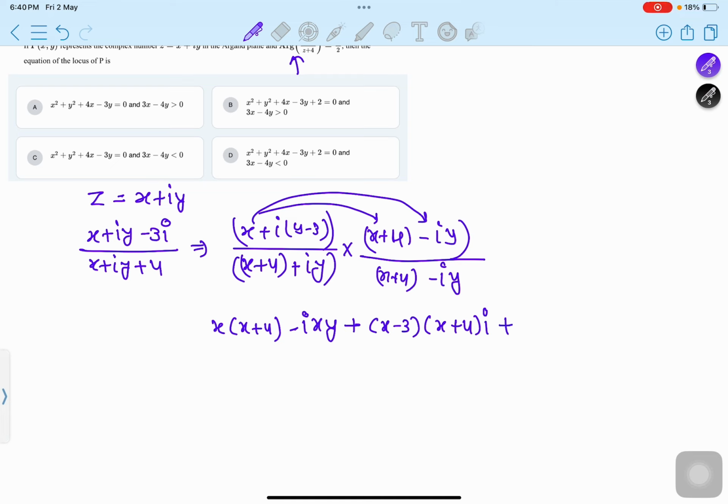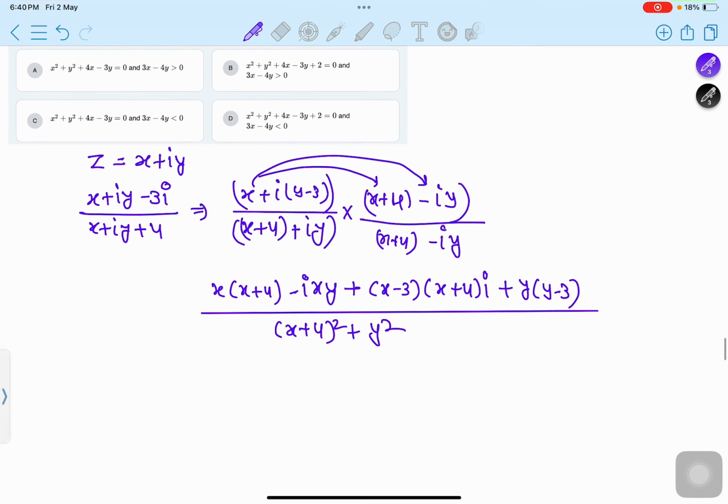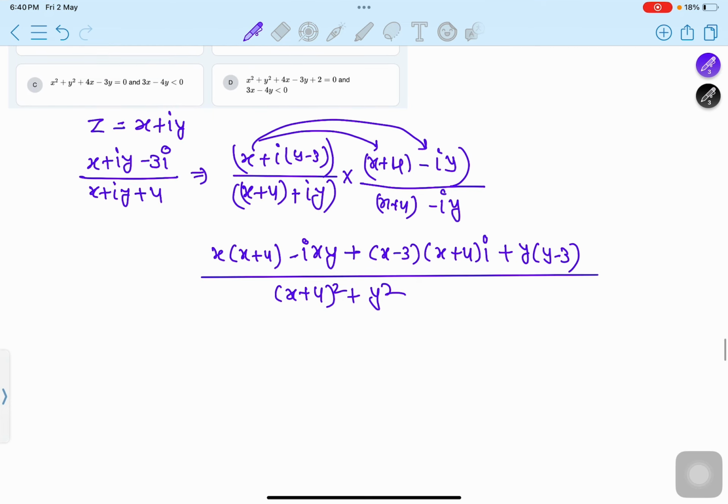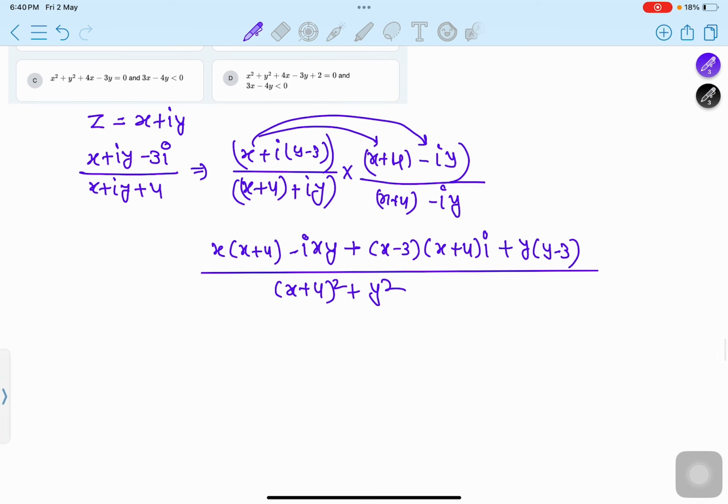So iota with minus iota, minus minus is a plus first, and iota and y minus 3. Okay, and the denominator is x plus 4 whole square plus y square. Okay, solve that. The real part is on one side and the imaginary part on the other side. So check that: x square is the real part, plus 4x also real part.